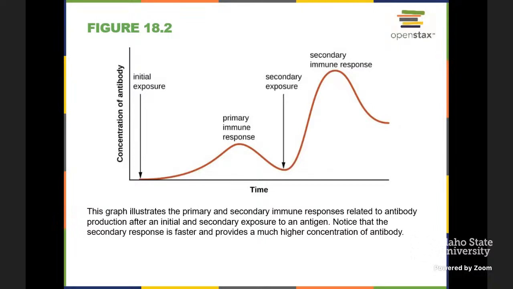And at this point, the majority of those foreign invaders are probably being targeted very rapidly. And their demise is right around the corner. And as we start to get that infection under control, we're reaching the peak of this response.